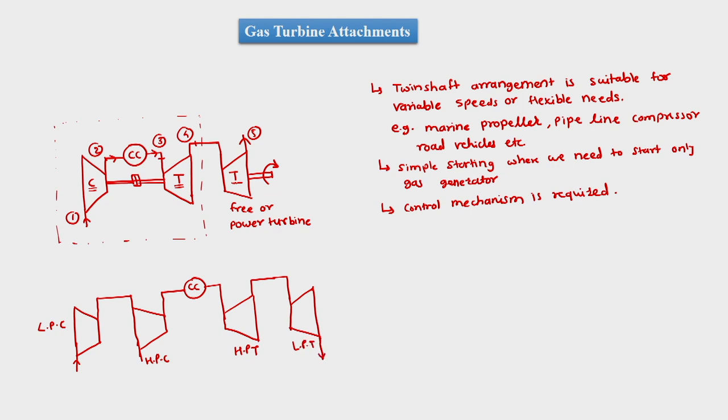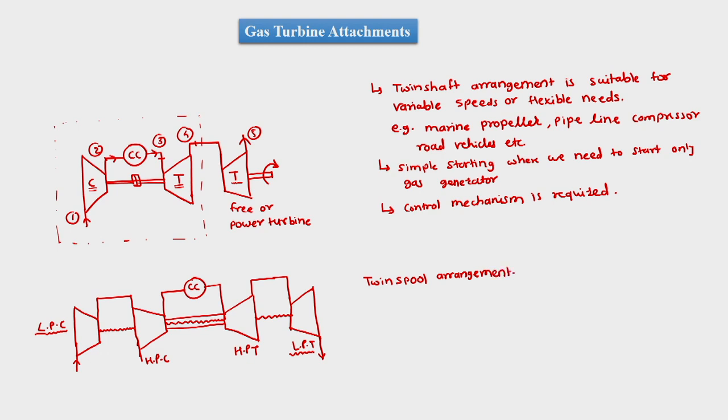The basic thing which will happen over here is that the low pressure compressor is connected to the low pressure turbine by a separate shaft, and the high pressure compressor is connected to the high pressure turbine by a separate shaft. Such an arrangement is called a twin spool arrangement.